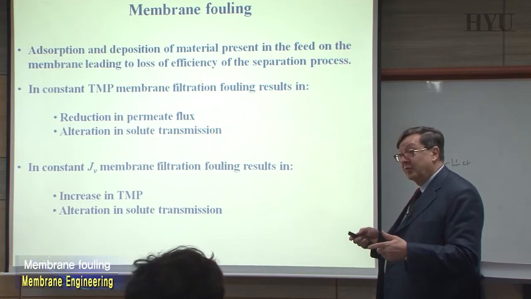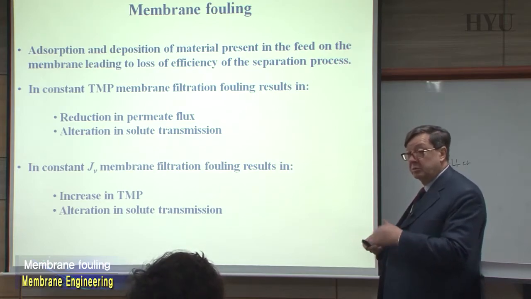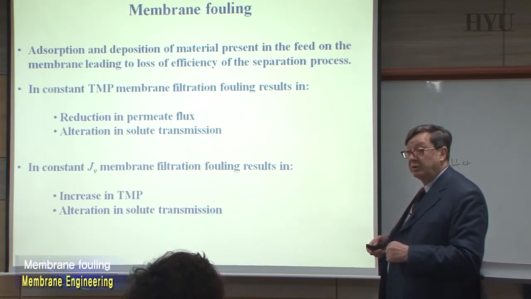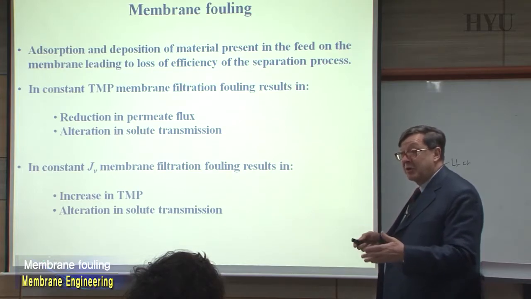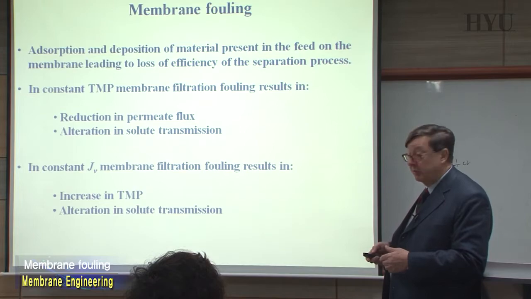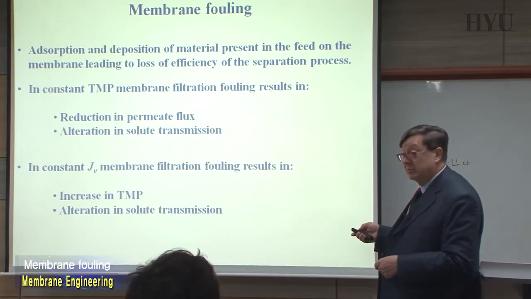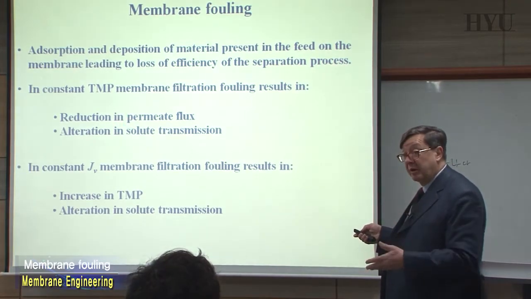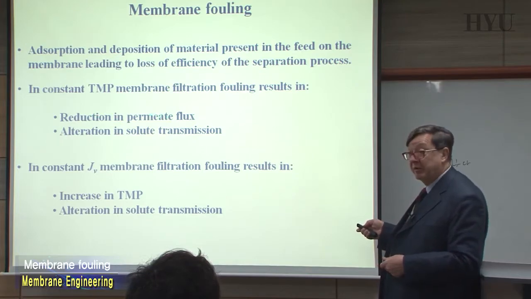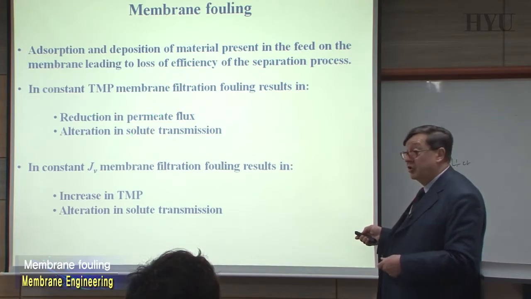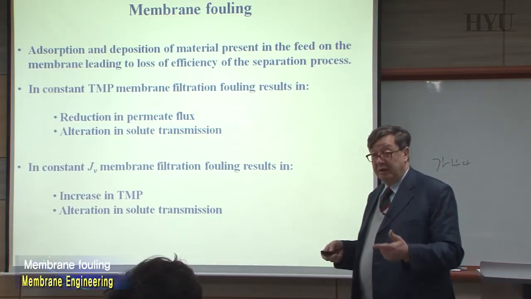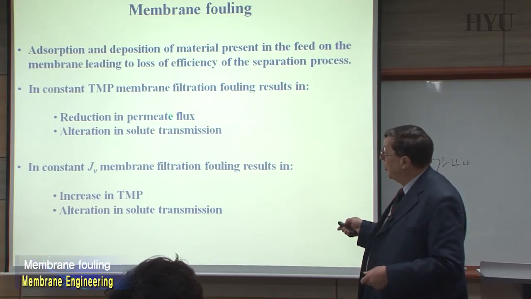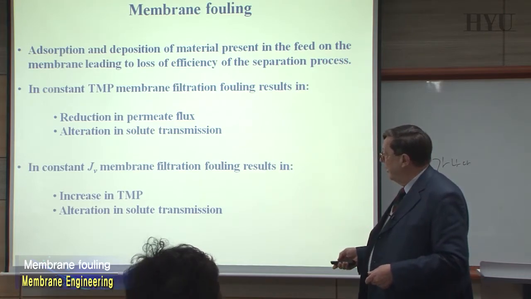Normally, this kind of phenomena, adsorption, formation of a thin layer, chemical transformation for a pH variation, for example, will induce change in transmembrane flux, reduction of the permeate flux, and also, in general, you can change the solute transmission. That means selectivity. The selectivity system can change. So an important phenomena.